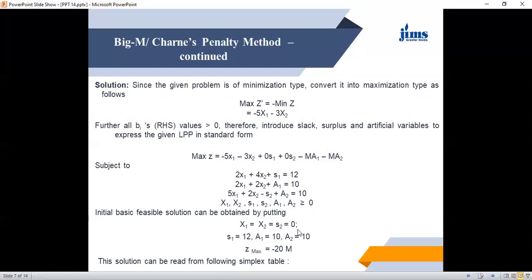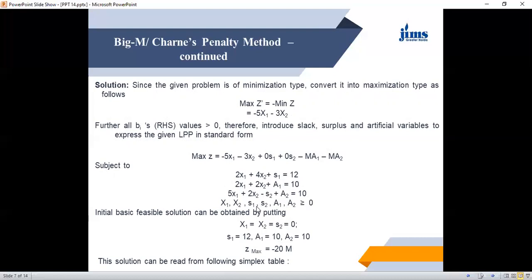So to start with, we start with S1 = 12, A1 = 10, A2 = 10, and X1, X2, and S2 = 0, because we do not treat the surplus variable in the solution, only the artificial variable and the slack variable.